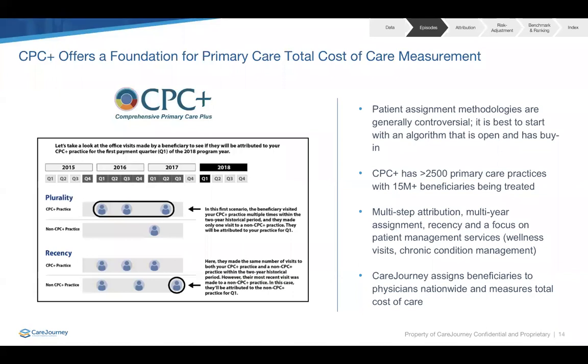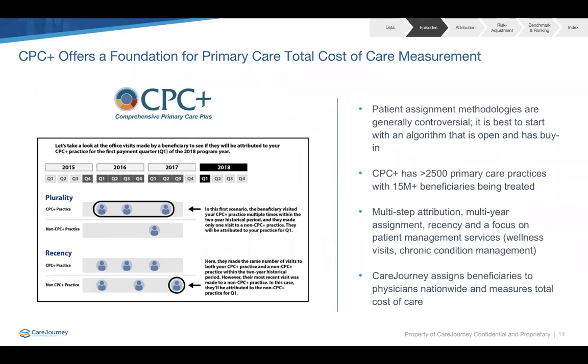In the area of episodes, what I thought we might do is start with the primary care total cost of care discussion, and then move to specialists. We made the judgment that the CPC Plus program allowed us a more accurate way of measuring total cost of care for primary care doctors.